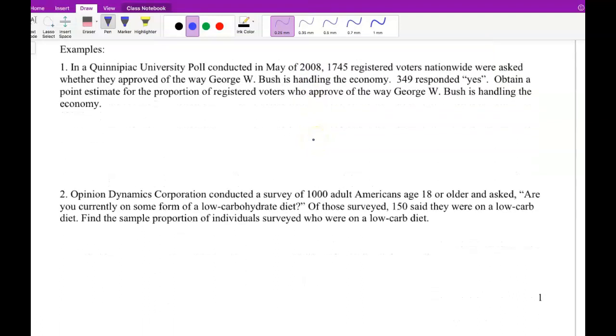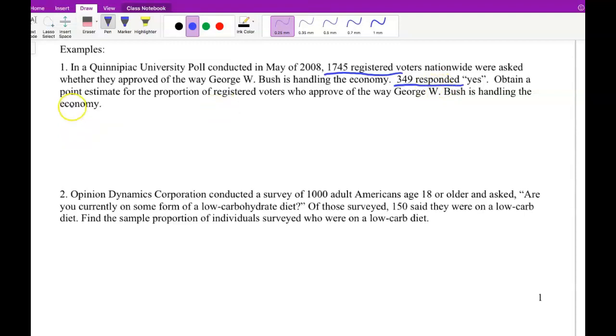Now, example number 1. In this university, we have 1,045 registered voters, and they were asked whether they approved of the way W. Bush is handling the economy. 349 responded yes.